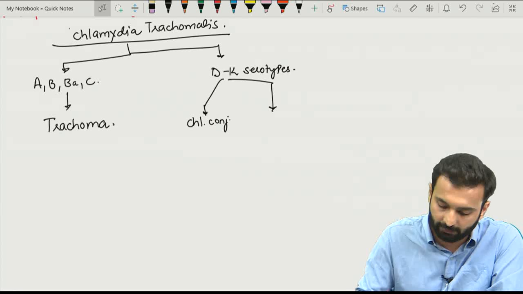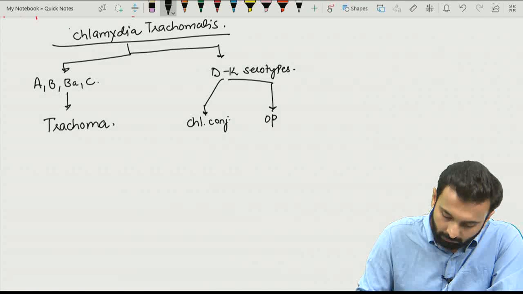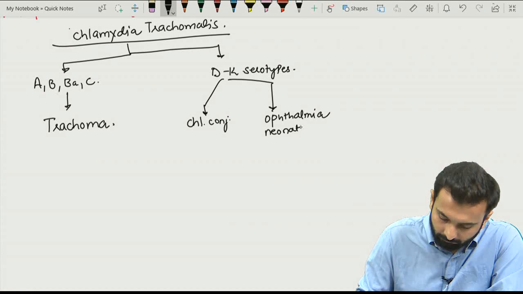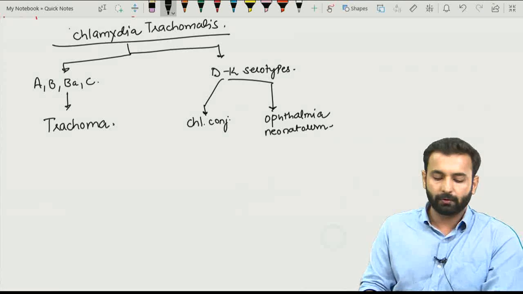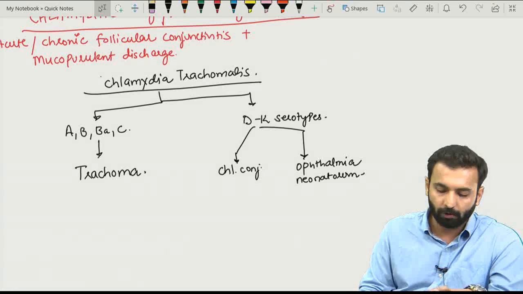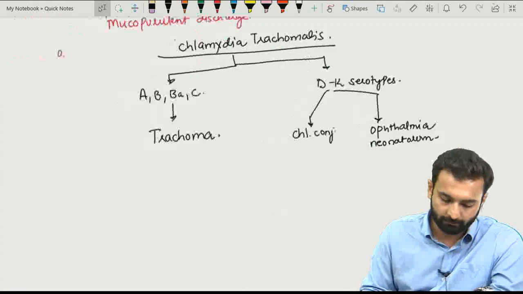And they can also cause another disease, ophthalmia neonatorum. So in Chlamydia trachomatis, chlamydial conjunctivitis is caused by D to K serotypes.